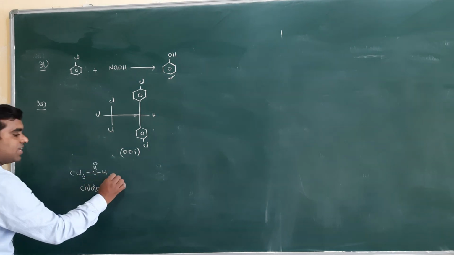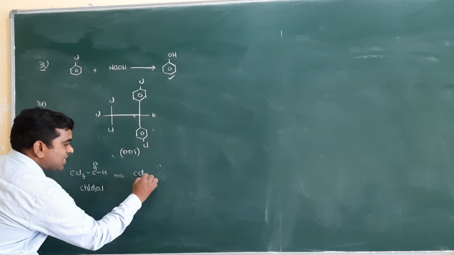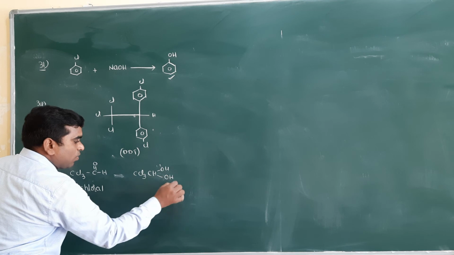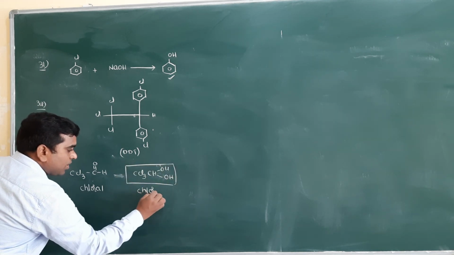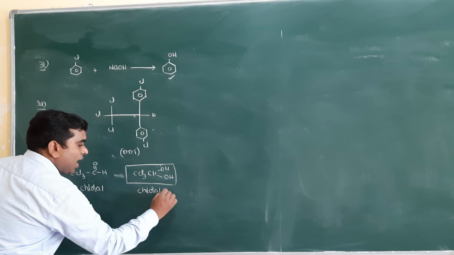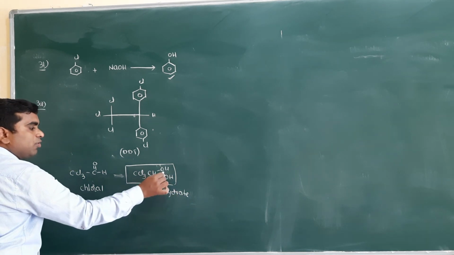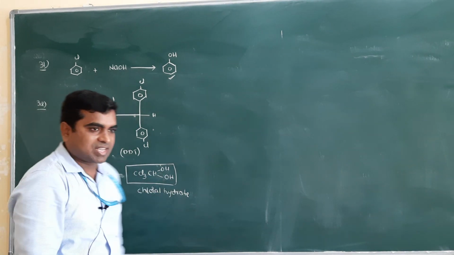But why? Because an OH group should be present, that we call CCl3CH(OH)2, with two OH groups, and this we call chloral hydrate. If you remove a water molecule you will get the previous compound, but you have to take this compound only.